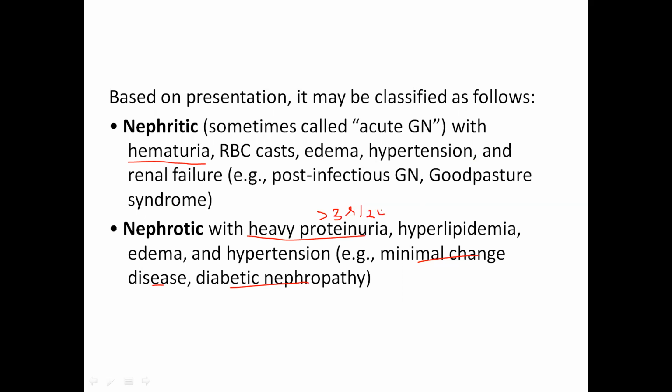And most commonly in nephritic syndrome the proteinuria is very mild, commonly less than 2.5 grams per 24 hours.